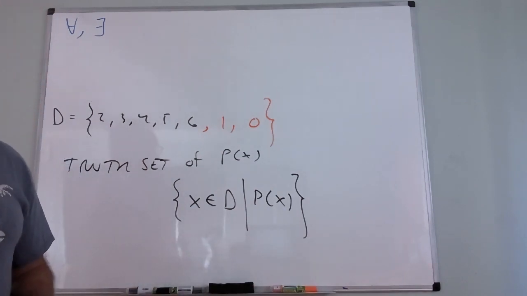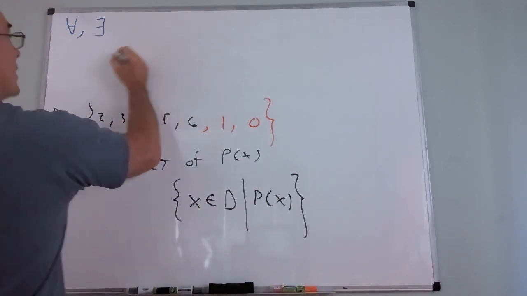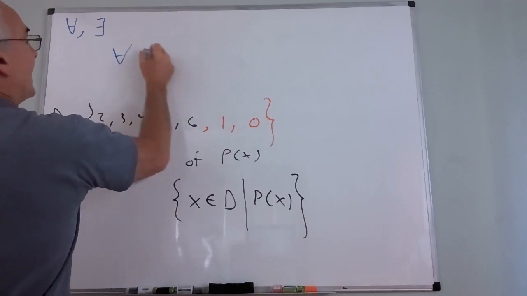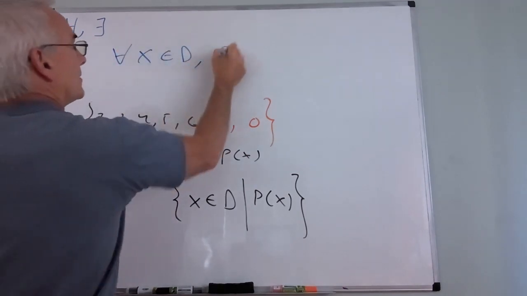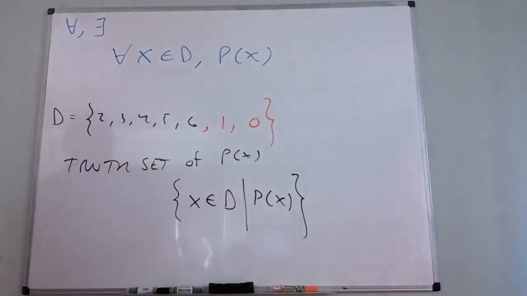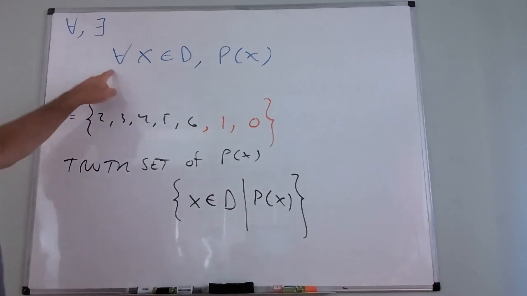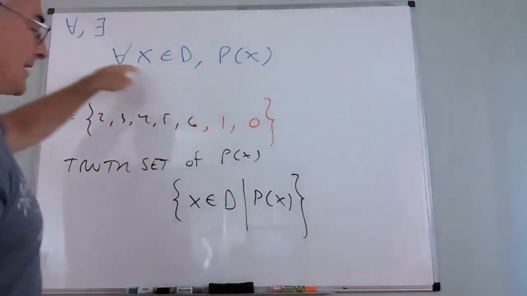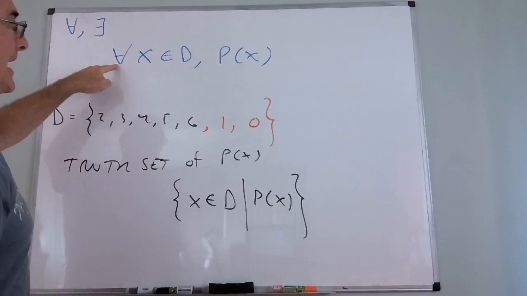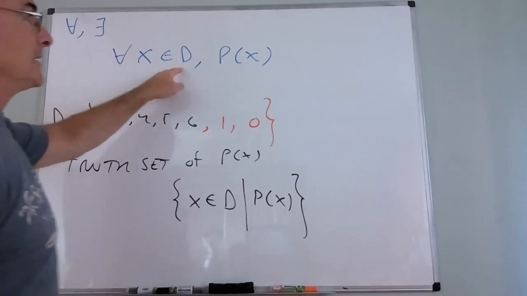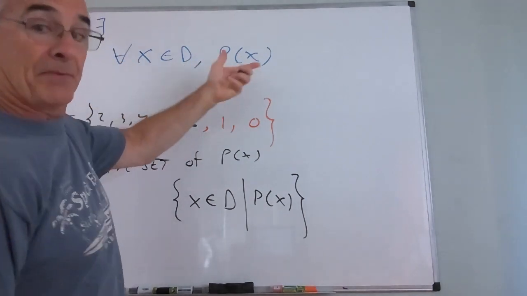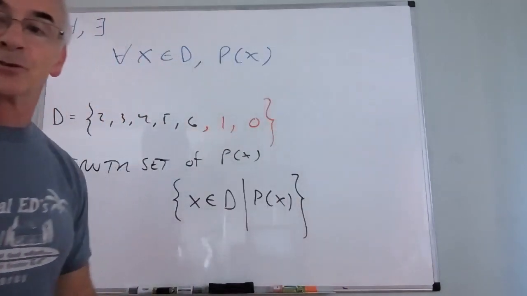So whenever I'm talking about a truth set, I want to say things like, for all x in D, P of x. Now we are really brief with the wording. This right now is another way of saying the truth set: all of the x's in the domain such that this statement is true.